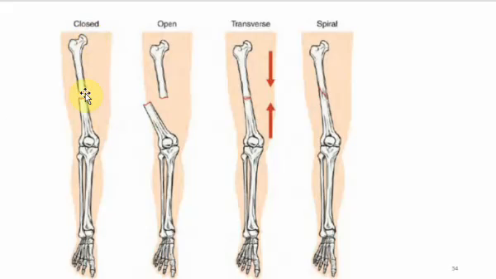This one is a closed fracture where the bone completely breaks, but the bones don't crash into the flesh or the skin. This is an open fracture. The bones twist and crash into the skin. This is a transverse fracture where there's just breakage across the bone. This is a spiral fracture due to twisting of the bone.